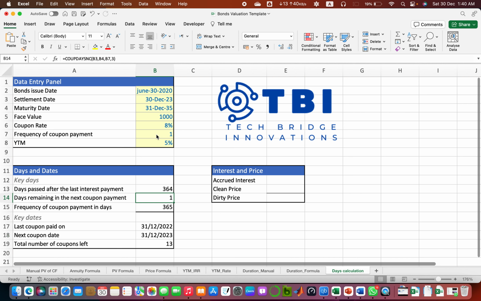Okay, now the accrued interest, like how much interest is still to be paid. That will actually be the face value, and then we will multiply that by the interest rate.